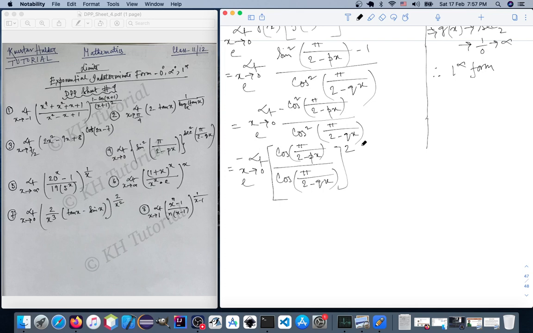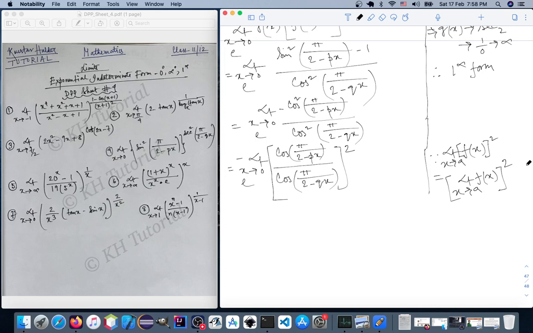Now the limiting value: we know that limit x tends to a of the square of fx equals the square of the limit of fx. We know this formula.